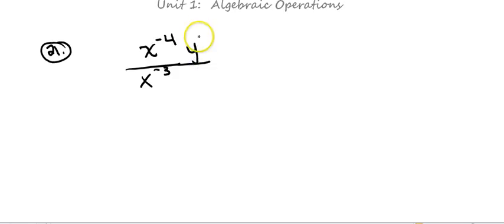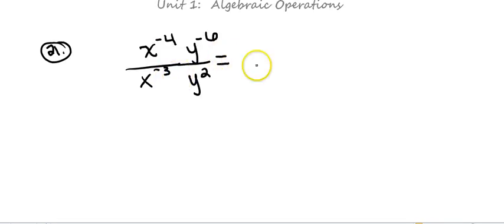What if you had x to the negative 4 over x cubed to the negative 3, y to the negative 6, y squared? When you have something like this, where you see negatives, before you can even simplify the variable, here is my suggestion.